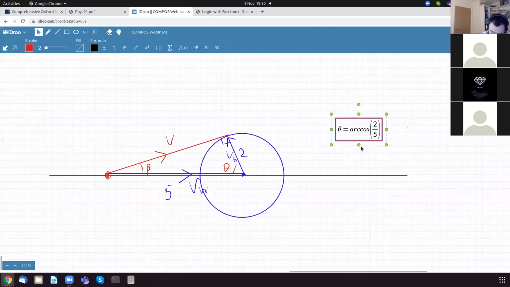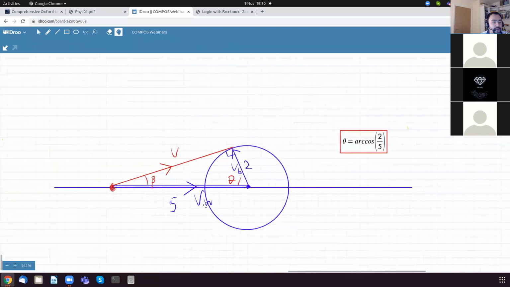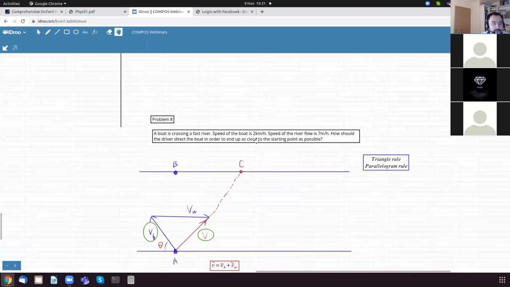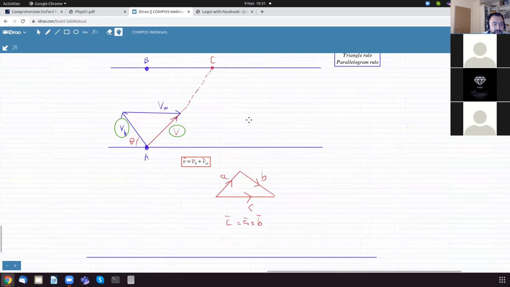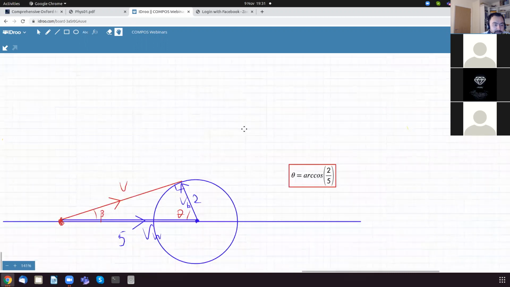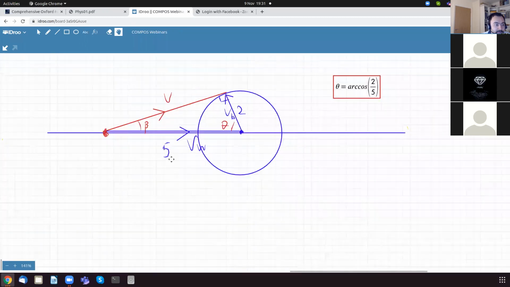Wait a second, 2 is 7, sorry. The speed of the water flow is 7 and 2.